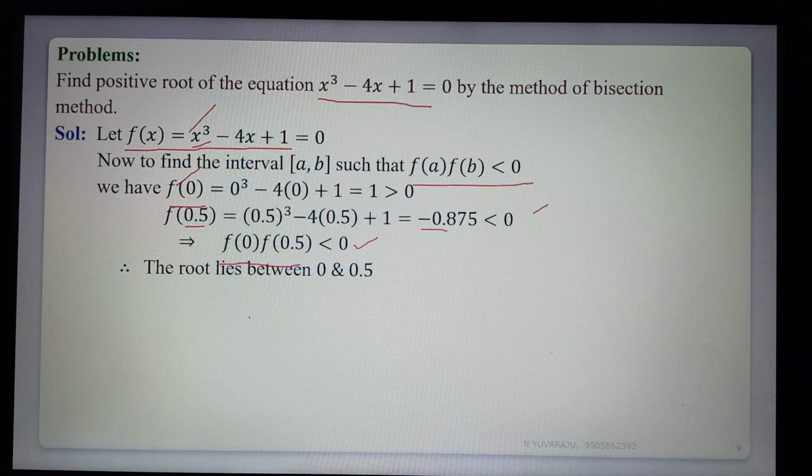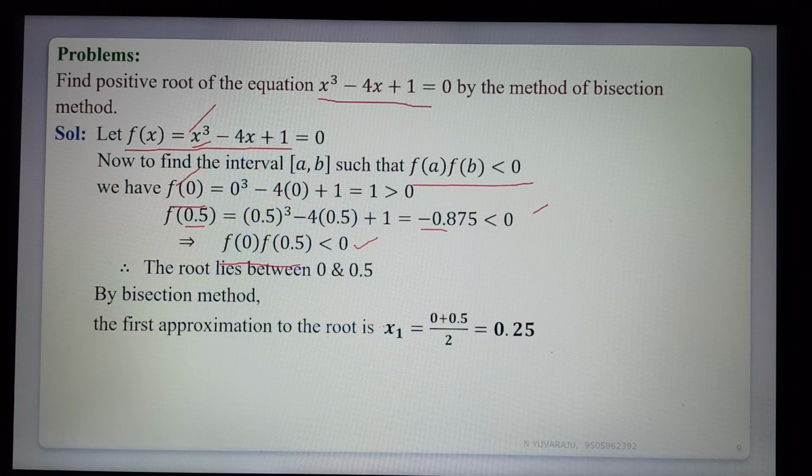Okay? So by using bisection method, what is the value? First approximation of 0 and 0.5, that is x1 is equal to 0 plus 0.5 by 2. So this is the first approximation root. Now, is this the required root or not? Verification: this root is substituted in the given equation.